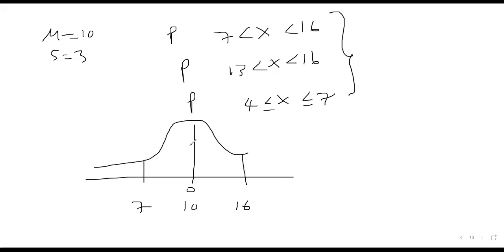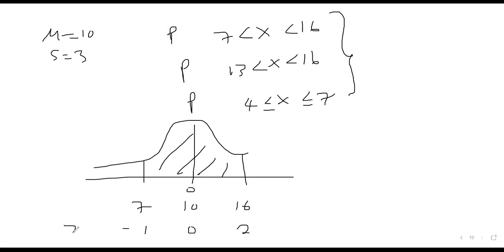So here, if we're sandwiching our mean in between, you standardize. 7 minus 10 is negative 3. Negative 3 divided by 3, what do we get? Negative 1. 16 minus 10 is 6. 6 divided by 3 is positive 2.